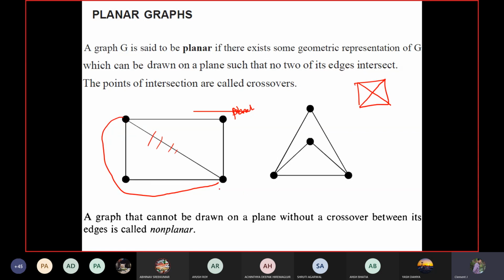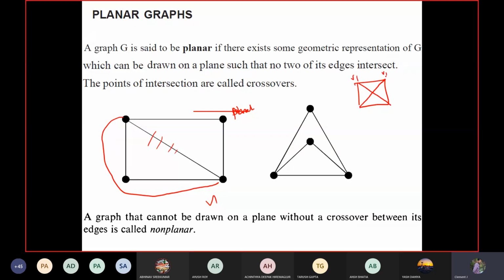Now you can try to say whether this is planar or non-planar. It depends on whether the middle point is a vertex or not. No, it is not a middle point. There is no middle point. You have only four vertices, V1, V2, V3 and V4. Non-planar, sir. Okay, let me draw and then check.